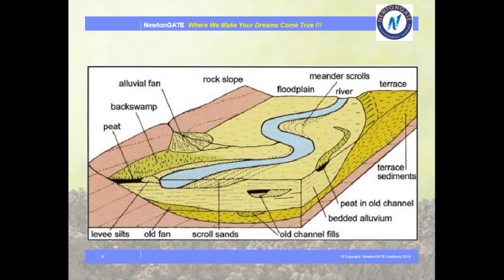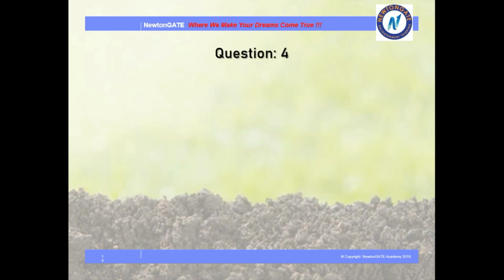So in the meandering channel, as you know that one side of the river is having the erosion, on the other side there is a deposition. So on this side of the deposition there is a development of the alluvial fan or development of the fertile soil as well. So thus from the middle course to the lower course, the river is constantly depositing its silt and thus formation of the alluvial soil as well.